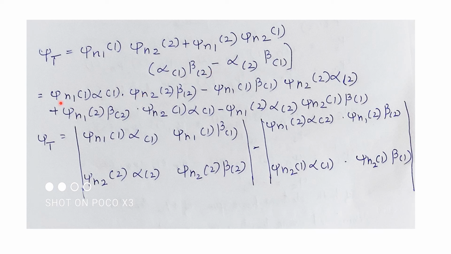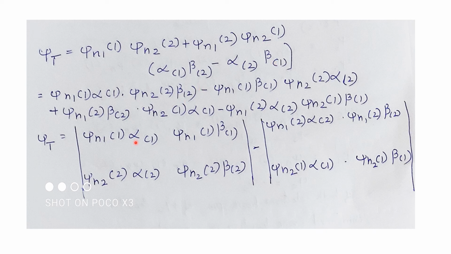On multiplying, we get psi n11 alpha 1 into psi n22 beta 2 minus psi n11 beta 1 into psi n22 alpha 2 plus psi n12 beta 2 psi n21 alpha 1, minus psi n12 alpha 2 psi n21 beta 1.